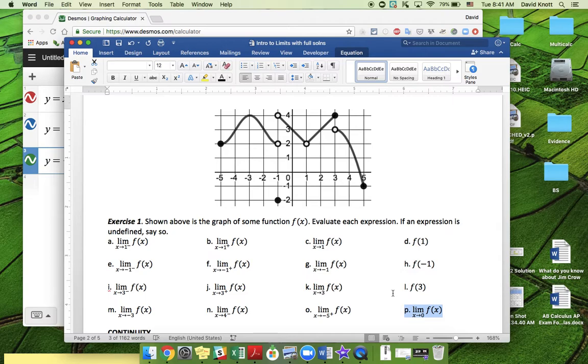It is true that most of the time when we ask you a limits question, it will be a question about an x value at which something strange is happening. Looking at this graph, obviously I'm going to ask you about -1 because all kinds of crazy stuff is happening at -1. And obviously I'm going to ask you about 1, and obviously I'm going to ask you about 3.